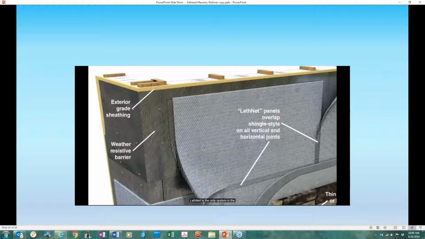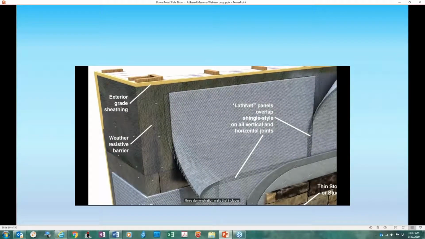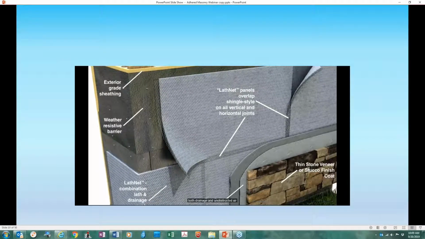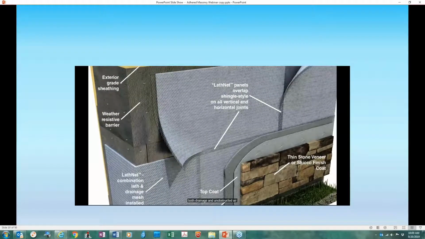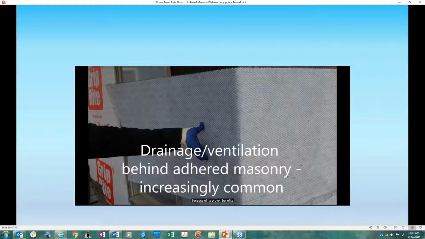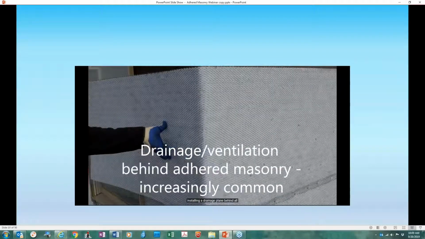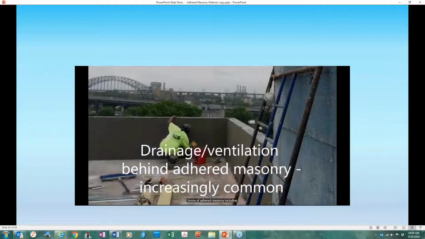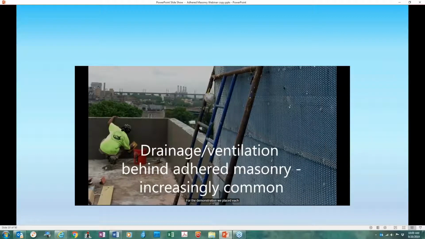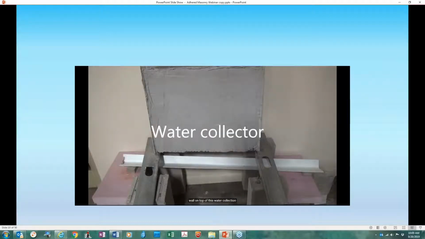Lathnet is the only system in the 3 demonstration walls that includes an integrated drainage plane to provide both drainage and unobstructed air circulation to promote rapid drying. Because of its proven benefits, installing a drainage plane behind all forms of adhered masonry, including stucco, is becoming increasingly common. For the demonstration, we placed the walls on top of this water collection apparatus.